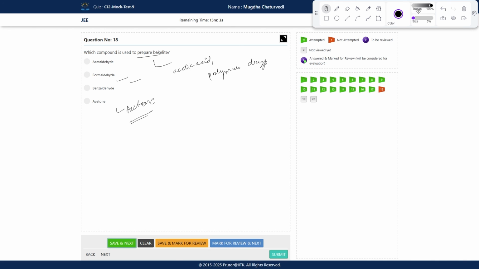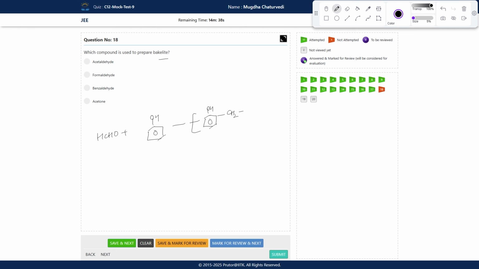Now let's see the next one. It is saying which compound is used to prepare bakelite. When formaldehyde, which is HCHO, reacts with phenol, it forms bakelite. This is OH, CH2, OH.